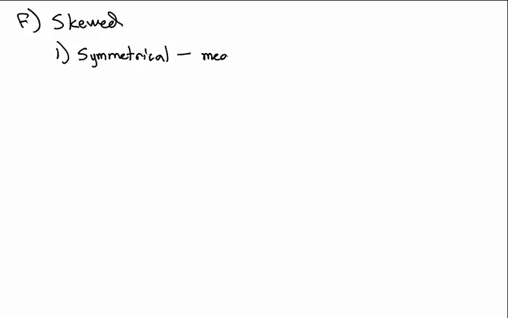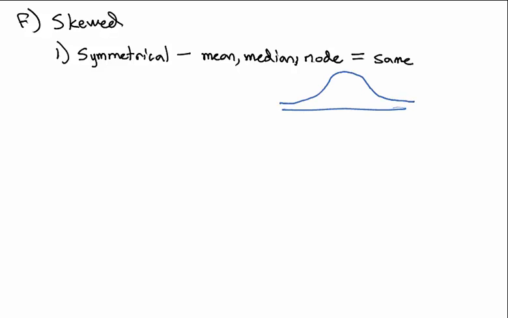The mean, the median, the mode, they are all the same. A common picture of a symmetrical distribution would be it'll be flat, it'll peak up in the middle, and it'll be flat. But the mean, median, and the mode are all the same. The left and right side are mirror images of each other. That is a beautiful symmetrical distribution.